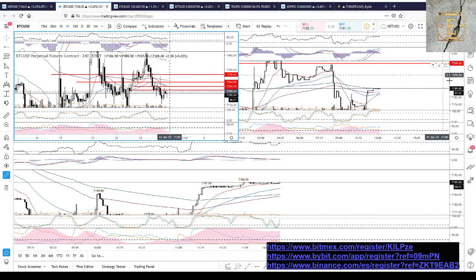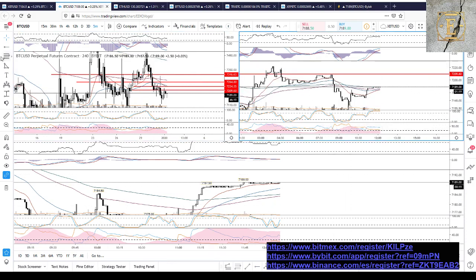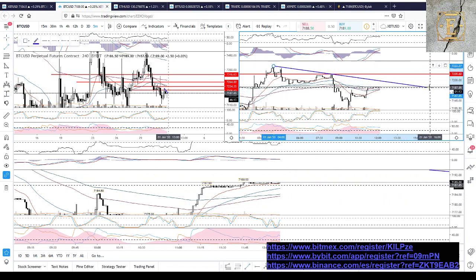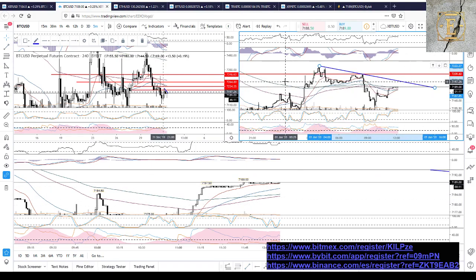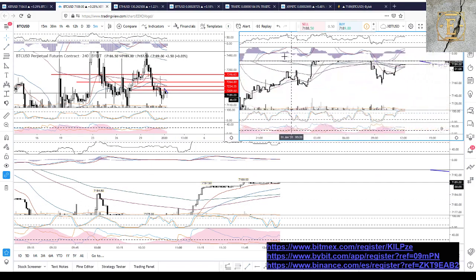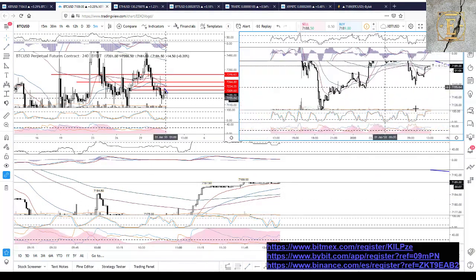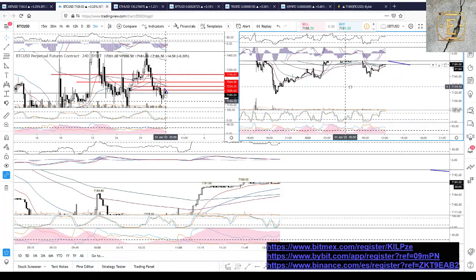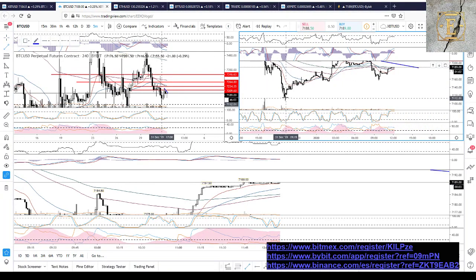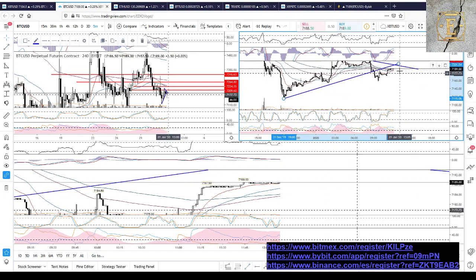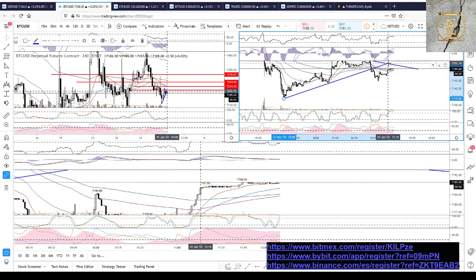So this, we have here a lot of this, and we've got here this trend line first, absolutely broken.